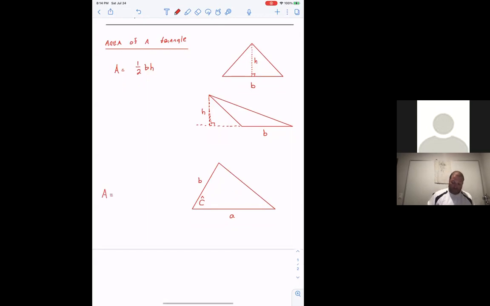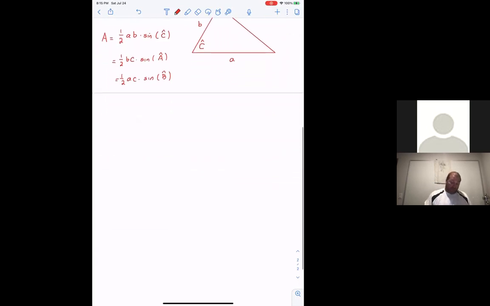And a new formula for the area of a triangle is 1/2 side times side times the sine of the sandwiched angle, 1/2 AB sine C. Of course, maybe you don't call them AB and C hat, maybe you call them BC and A hat or something like that. It doesn't make a difference how you call them, as long as you have AB, BC, A or AC, sine B hat, these are all the same thing. It's 1/2 side times side times the sine of the sandwiched angle.